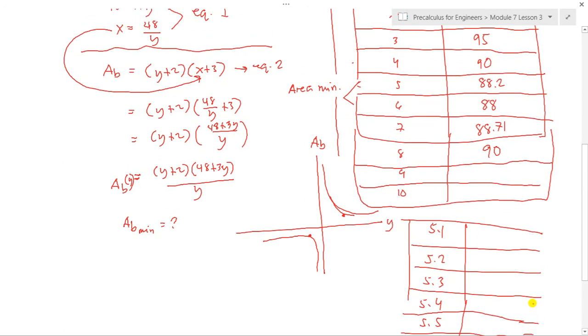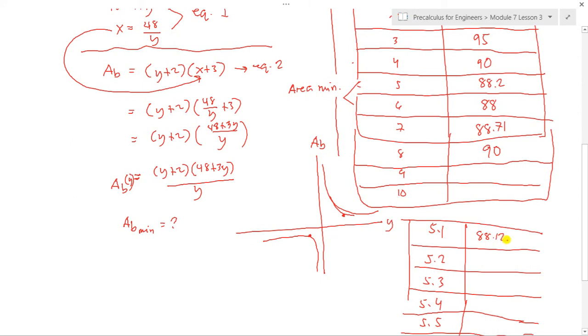So for 5.1, that is 5.1 plus 2 times 48 plus 3 times 5.1 divided by 5.1. The answer is 88.12. How about 5.2?